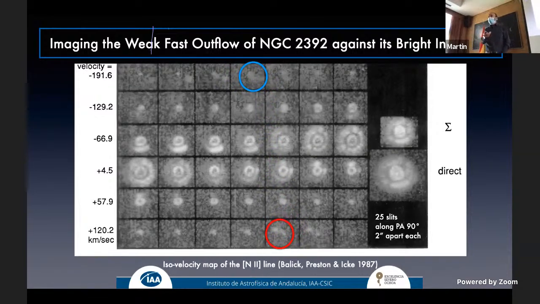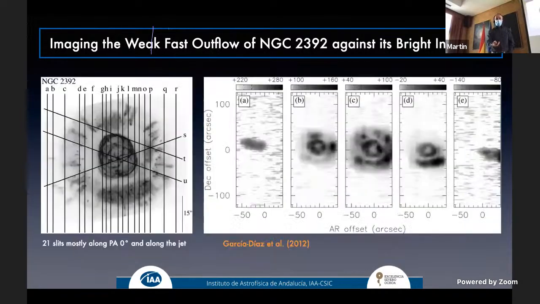But it was difficult from there to derive the exact morphology of the jet. More recently, Maria Teresa Garcia Diaz also made observations with a lot of long slits, and she produced some maps of the jet. So actually the jet seems to be not really fully collimated, but it has some structure.